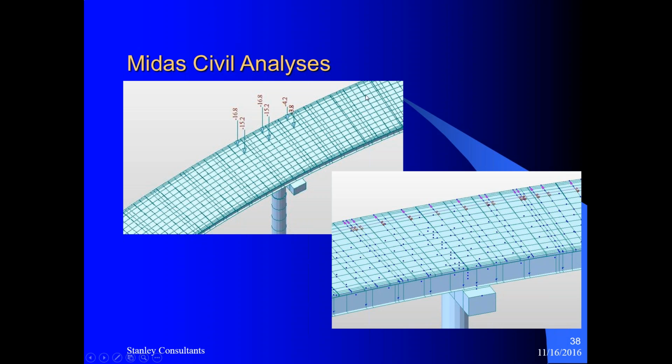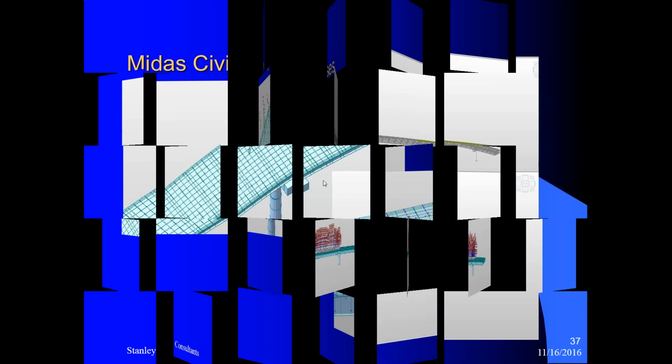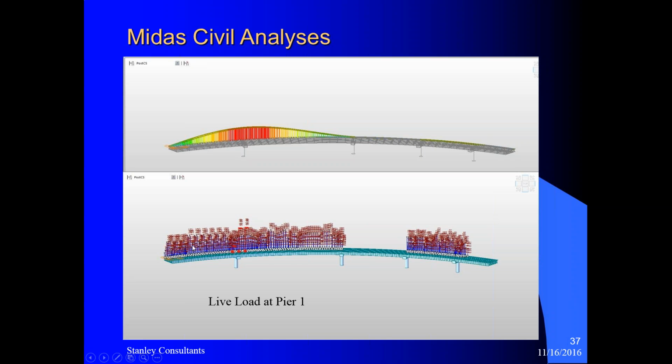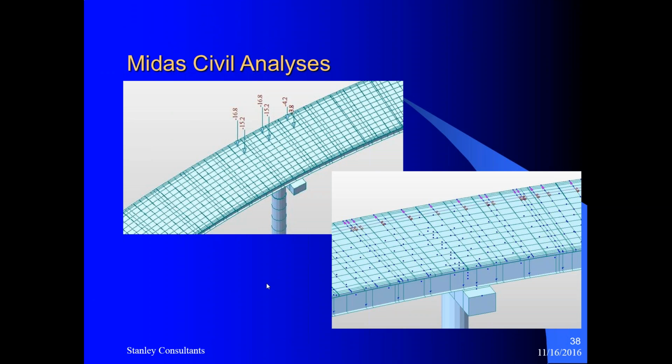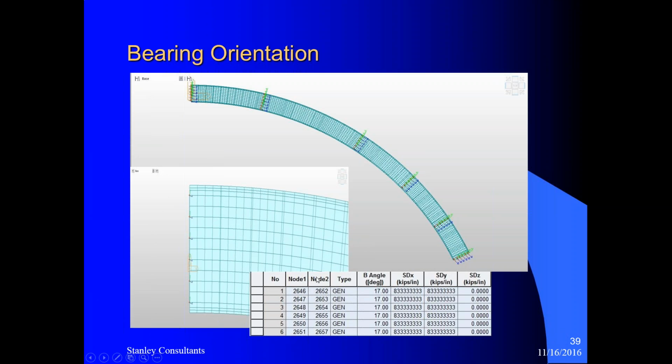And similarly, there is also the HL93 uniform load. You can tell that you have uniform load in span 1, span 2, and span 4. You can also put those as nodal loads. And then bearing orientation.